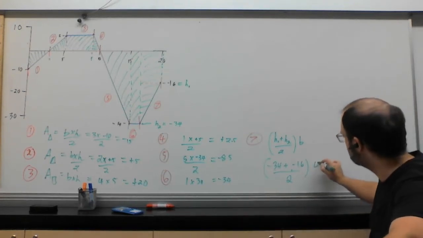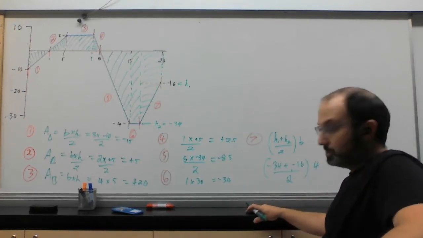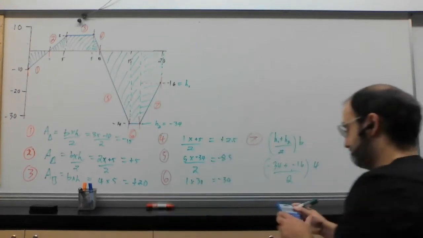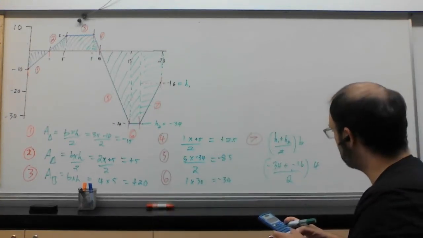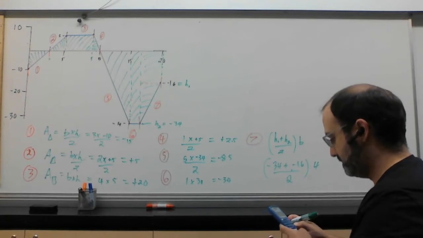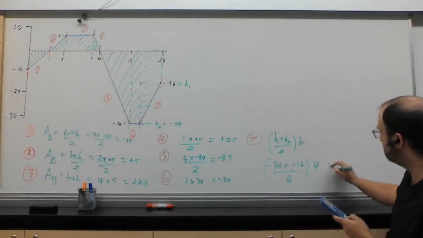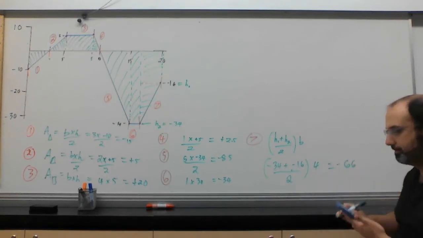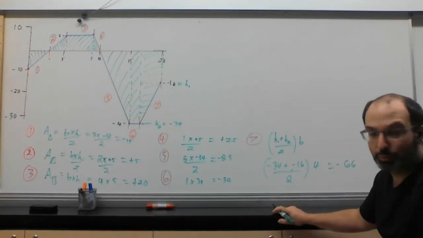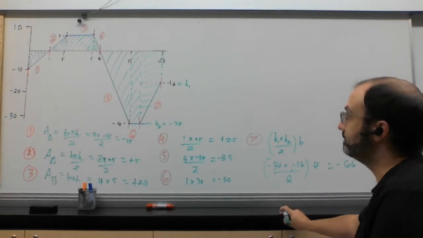It's going to be 4 seconds. So I punch that in, and I'm going to get (34 plus 16) divided by 2 times 4. I'm going to get negative 66. There you go, all in one-stop shop.